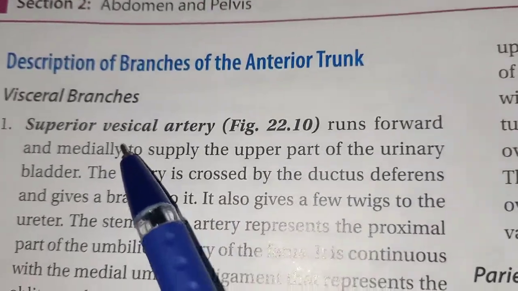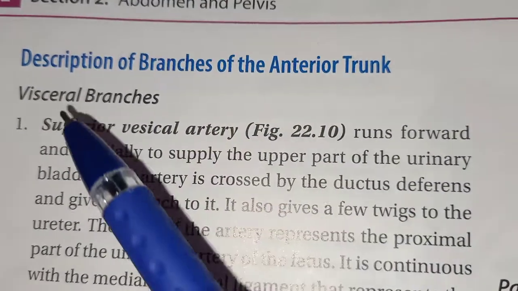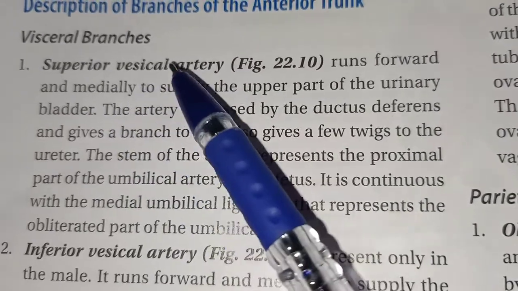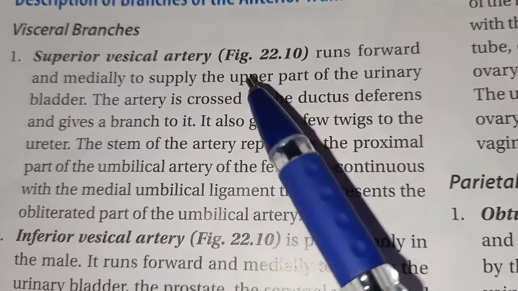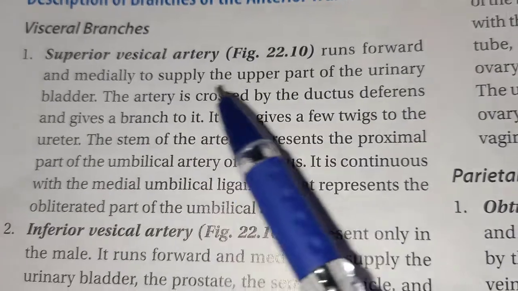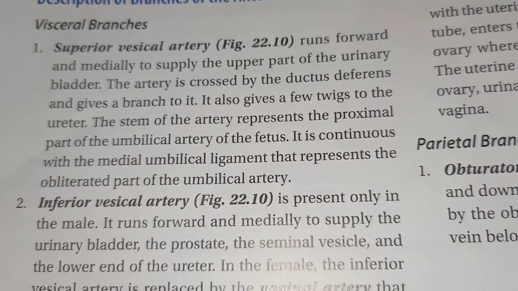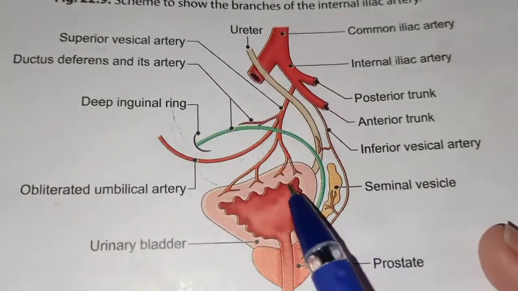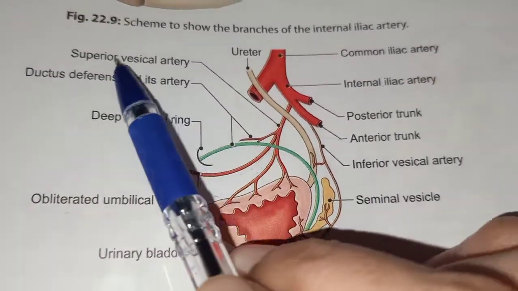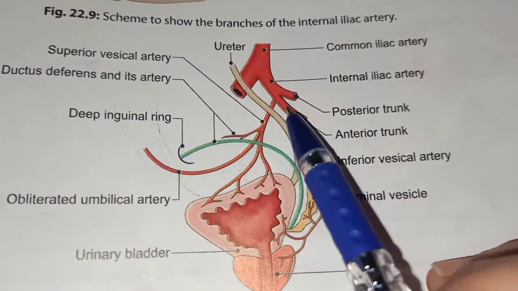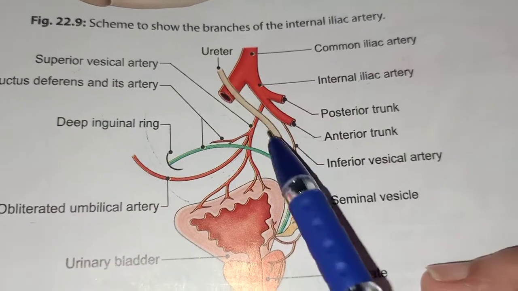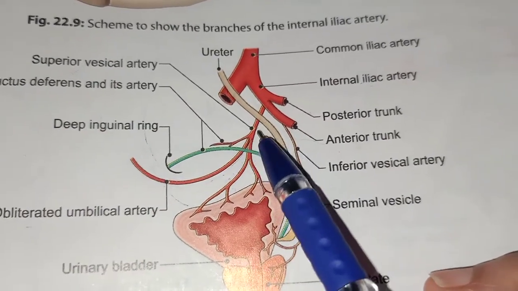So the anterior trunk, the visceral branch, first is the superior vesical artery. It arises from the anterior trunk. It runs forward and supplies the upper part of the urinary bladder. While passing, it is crossed by ureters, so it gives some twigs to the ureters.